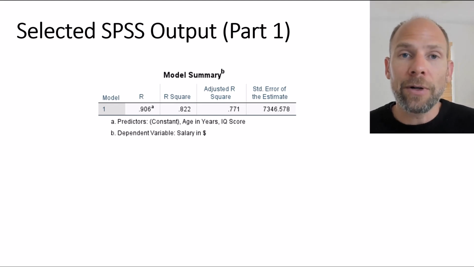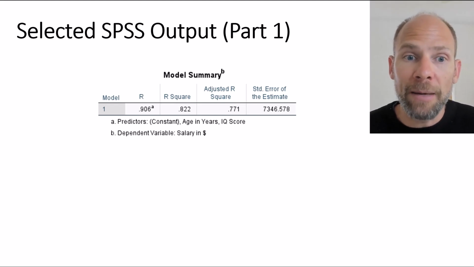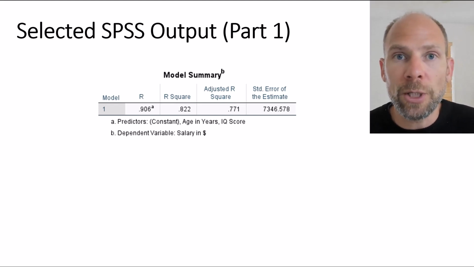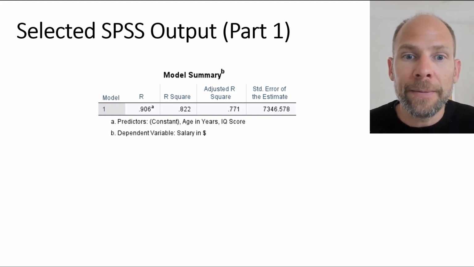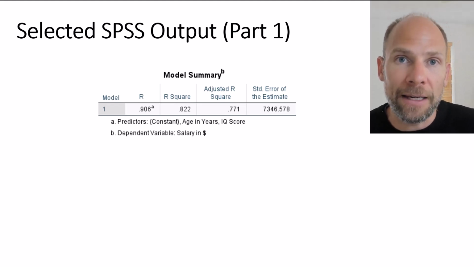The multiple correlation R here is very high, 0.906, which is much higher than you would typically see in practical applications. The R squared then is 0.822, which indicates that 82.2% of the variance in salary is accounted for by age and IQ score combined.